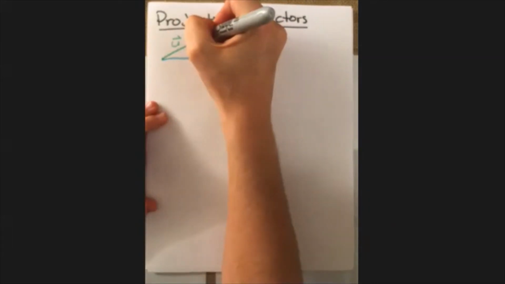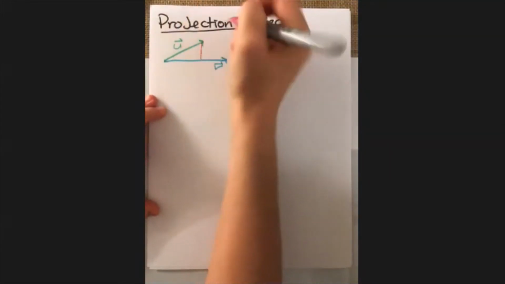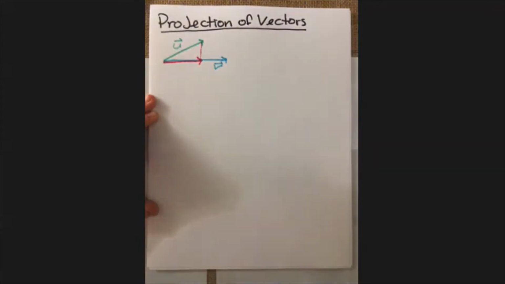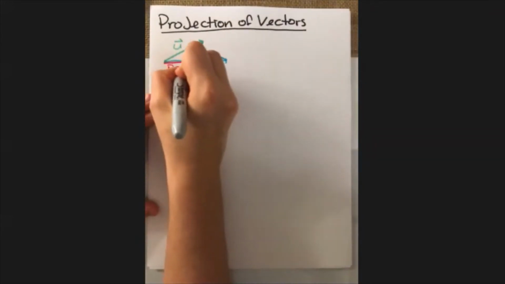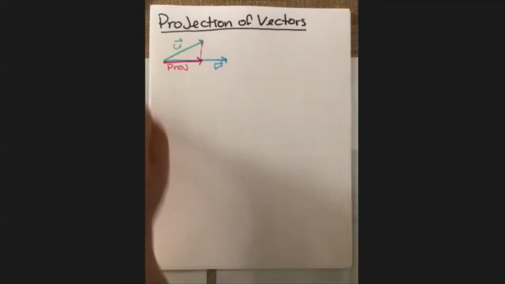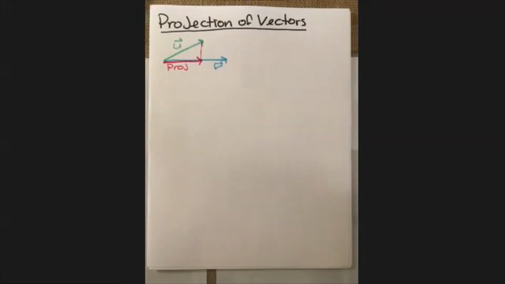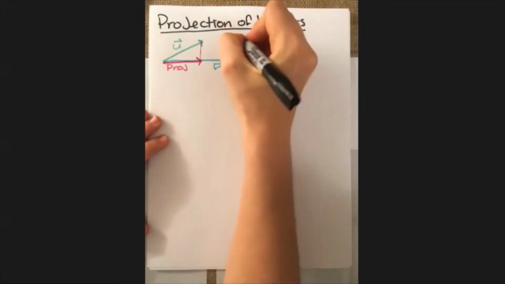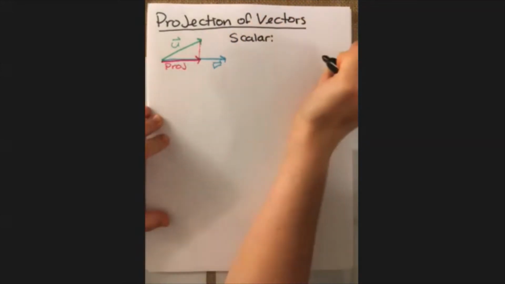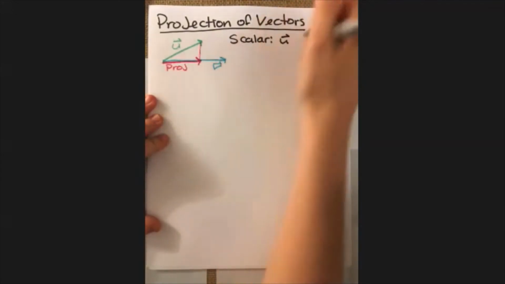think about it in terms of if there was a light above u, and we're looking for the shadow of u on v. And in finding this projection, there are two different pieces that we can find. We can get the scalar projection, which gives us just the length of this vector along here.